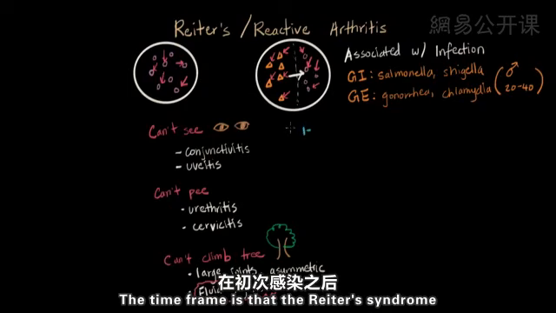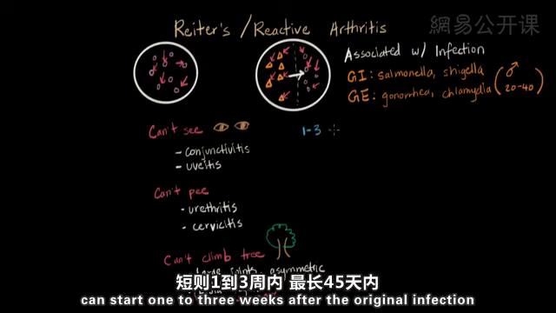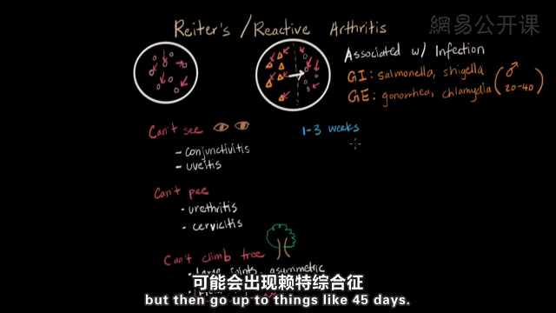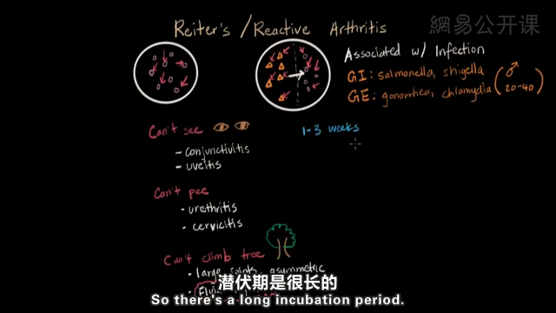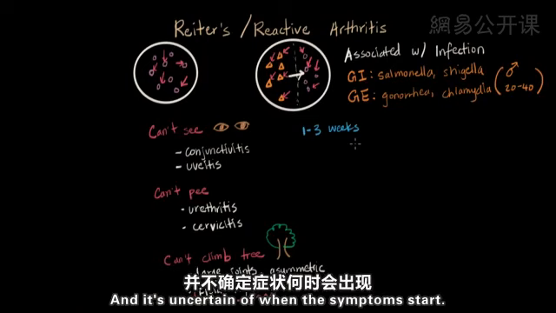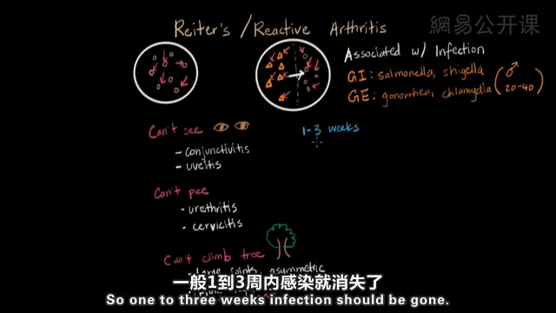Reiter's syndrome can start 1 to 3 weeks after the original infection. It can go up to things like 45 days. So there's a long incubation period, and it's uncertain when the symptoms start.